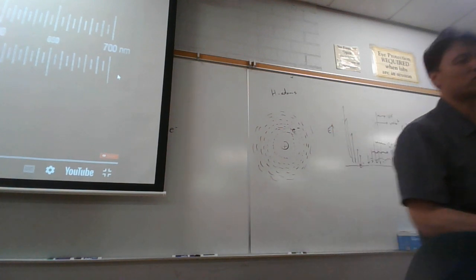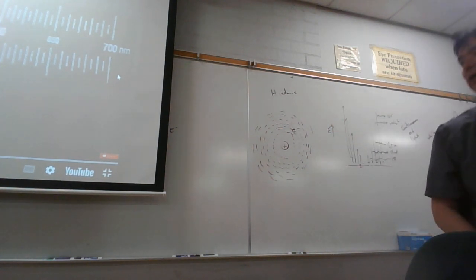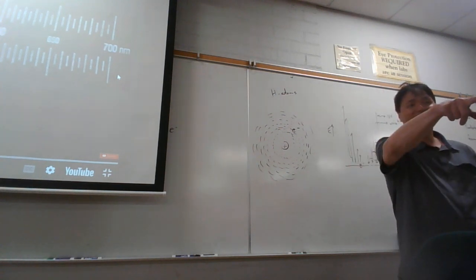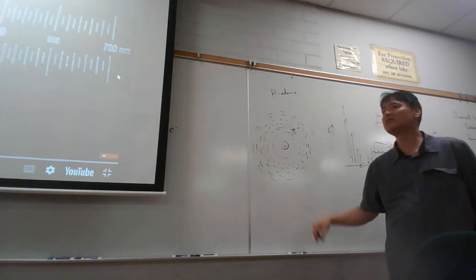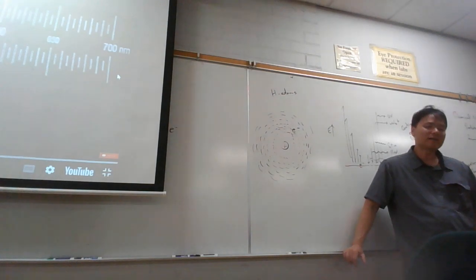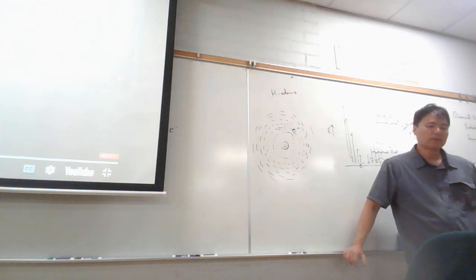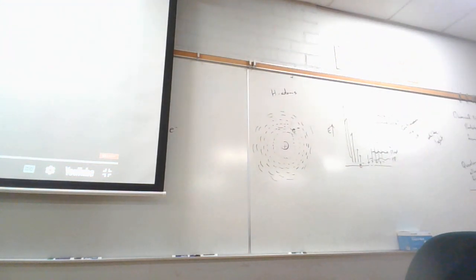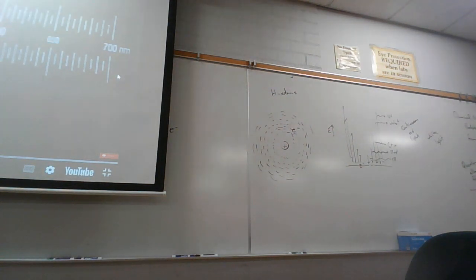And so let me make a long story short here. The difference between our lamp here and the sun is the degree of ionization. A plasma is an ionized gas. And this is what we call lower energy plasma.